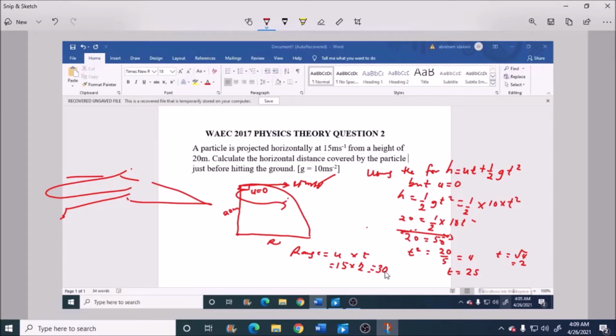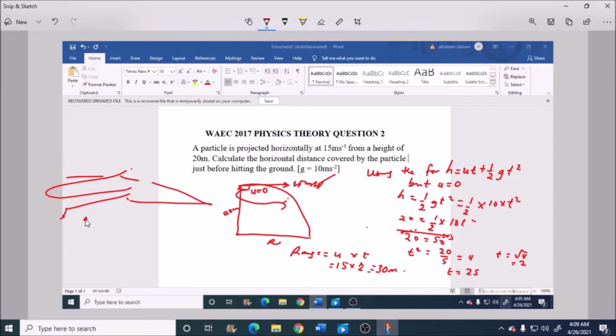Or we can use the relation that says range is equal to u times the root of 2h over g, and here we have 15 times the root of 2 times 20 over 10.